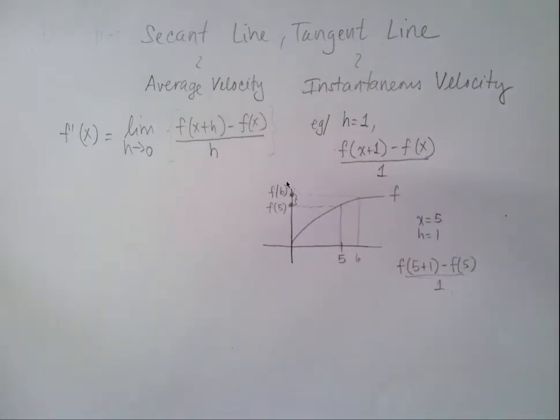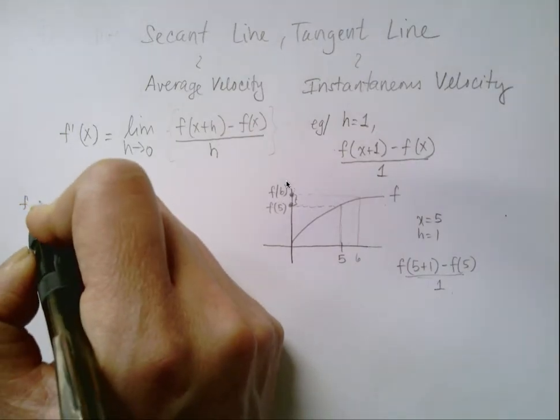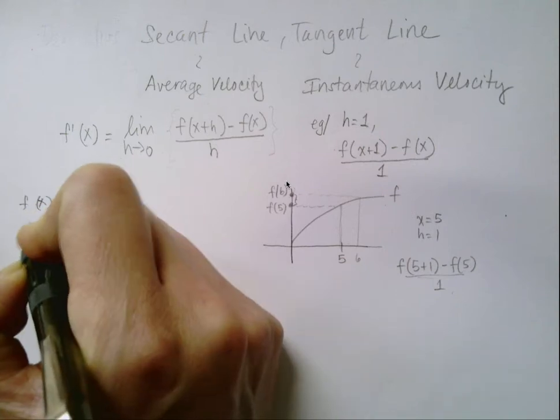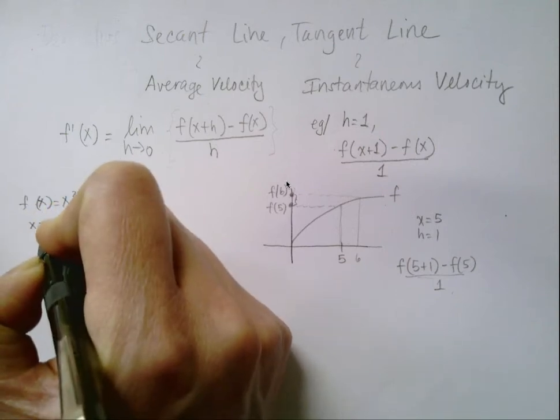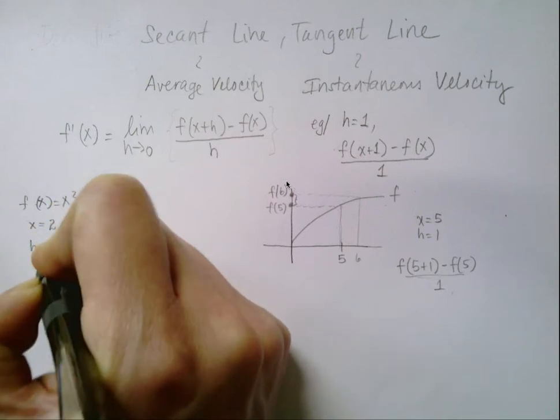All right? Now let's do this with a very concrete function. Let's look at f of x equals x squared. Let x equal, let's say, 2. Let h equal 1/2.